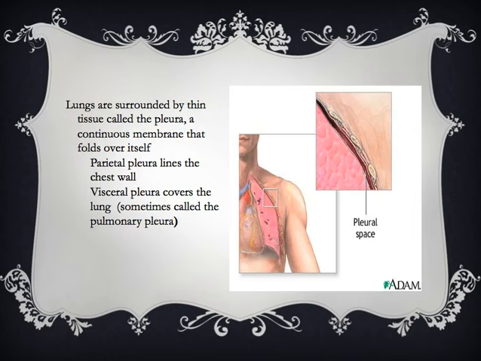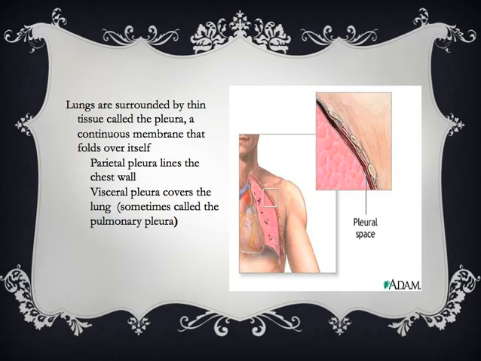The next thing that you need to understand is what the pleural space is. Within the thoracic cavity, there is a very thin membrane called the pleural membrane. It lines the chest wall, and that's called the parietal pleura. Then it basically folds over on itself and lines the inner organs, and that's called the visceral pleura.